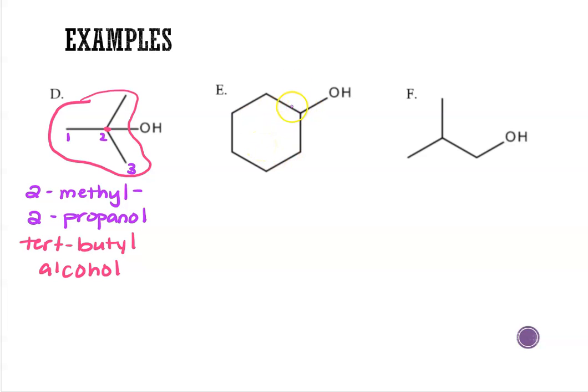All right. Next up, we have a cyclic group here. This is 1, 2, 3, 4, 5, 6. I don't have to name or put a number here because there's only one group on here and the alcohol is always number 1. So this would just be cyclo, and instead of hexane, it would be cyclohexanol.